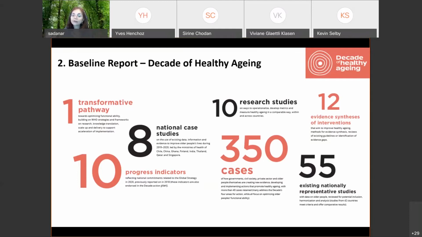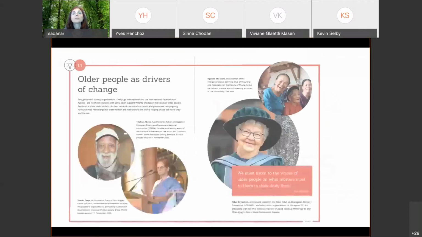From the 55 existing nationally representative studies that were from 2013 or earlier, we were able to get 53 of them, and we were able to identify 42 countries that had comparable data. And I want to show a couple of examples.